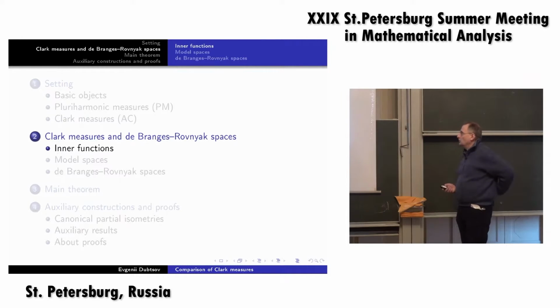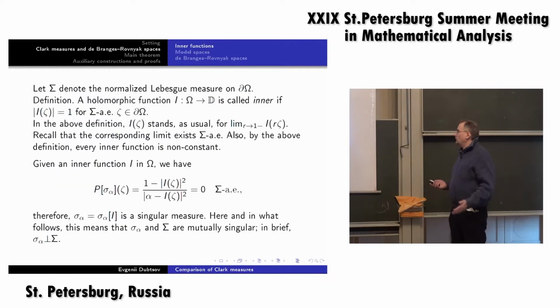Clark measures are related to model spaces, or more generally to de Branges-Rovnyak spaces. So first of all, if we have an inner function, I also need some additional notation.